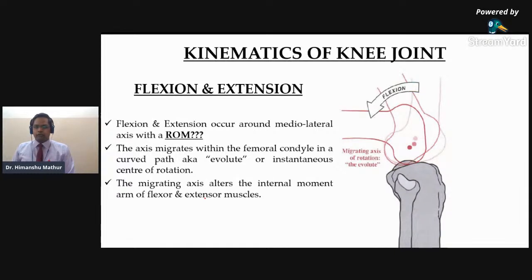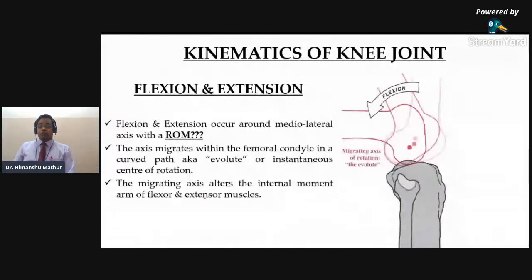But there are a few studies, a few books that say that there is a significant motion of the tibia in the transverse plane as well. So you can isolatedly perform rotations of the tibia as well. So you have a rotational movement, medial lateral rotation also, but it is not that easily measurable. So we consider that we have flexion and extension range of motion at the knee joint, which occurs around the medial lateral axis.